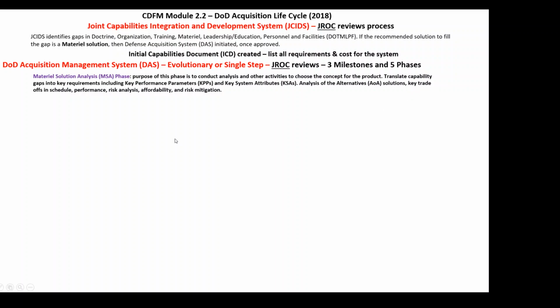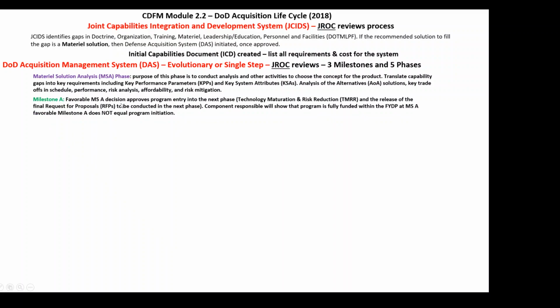Key trade-offs: we want to look at schedule. How long is it going to take? What does it do? What are the risks associated with it? How much does it cost? And are we able to mitigate those risks once we do the risk analysis? So the materiel solution analysis, phase one, will tell us everything that we need to develop that item. Milestone A.